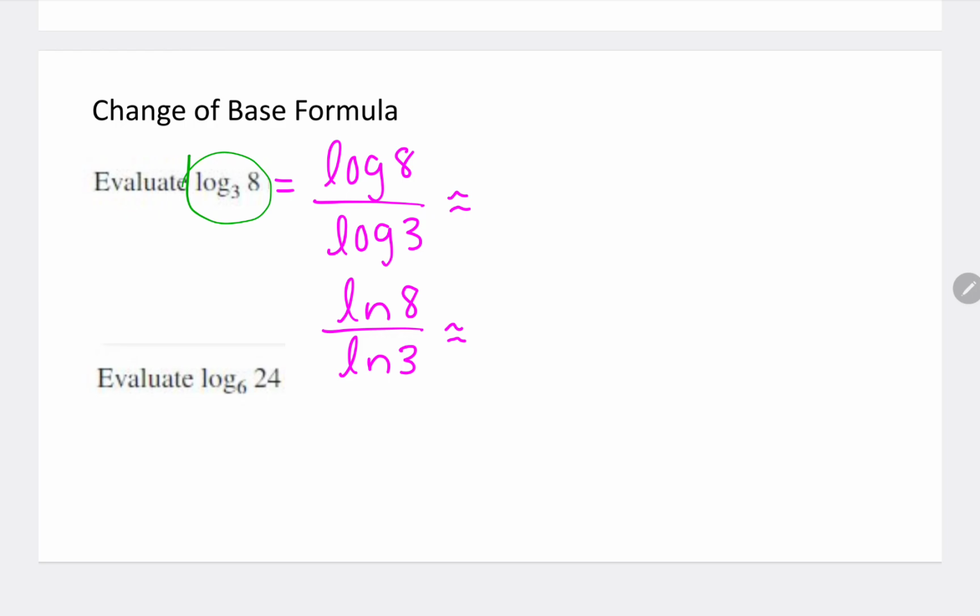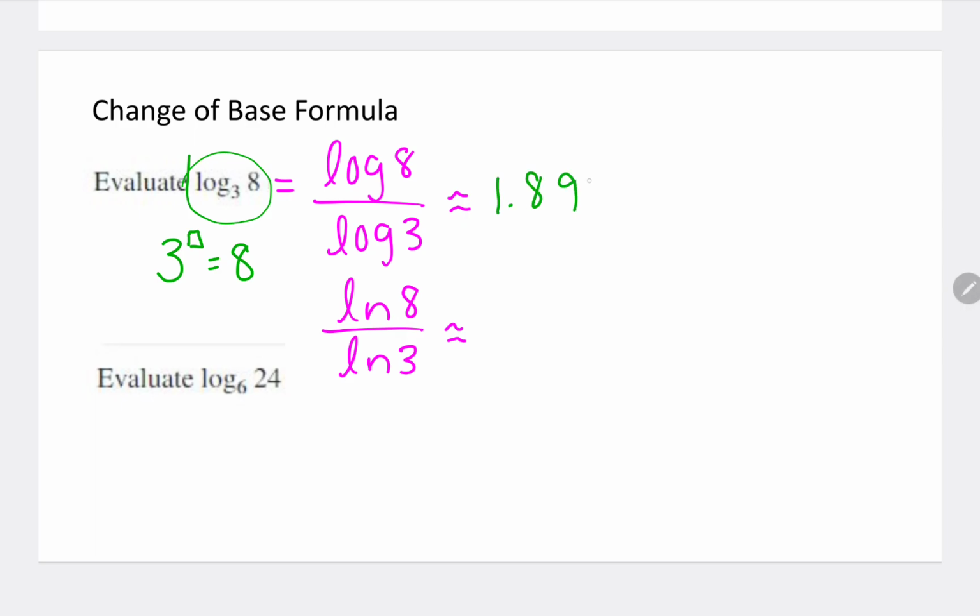Because if you were trying to do this by hand, the base is 3, and we're trying to find the exponent that gives us an answer of 8. Well, we know 3 squared is 9, so the exponent must be less than 2, but we don't know exactly what it is. But using the calculator, let's see, log 8 divided by log 3, we get 1.893.